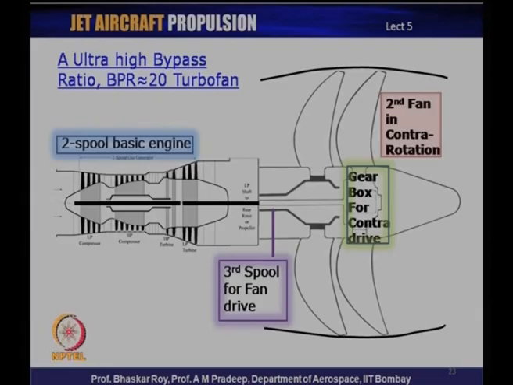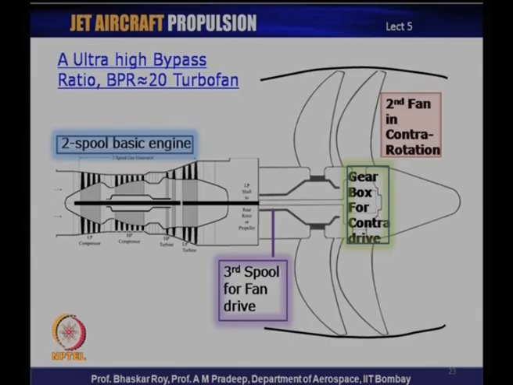Comparatively, you can see the fan size is much bigger than the basic jet engine, which could be a 2-spool basic jet engine, and this produces a third spool which comes out. It may run through a gearbox, because you may like to run the fans at a somewhat lower RPM. And one more variant is that you may have 2 fans running one after another, similar to the 2 compressors running one after another.